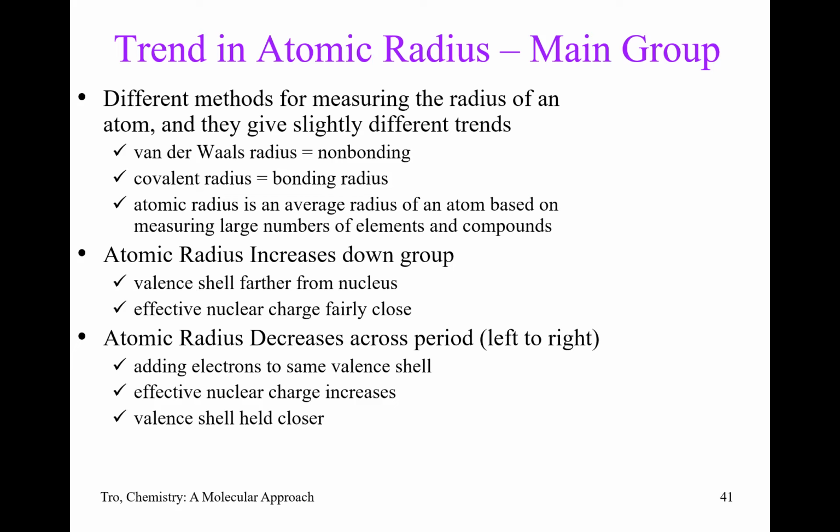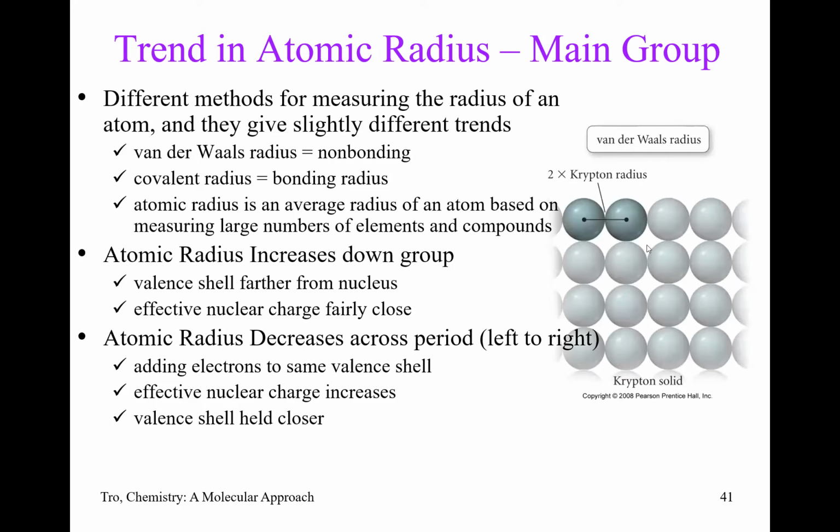Each element is another proton. So you have a larger and larger positive charge at the nucleus, but the electrons are the same distance away. And so you get a decrease, but the typical term is called a contraction. So that is a decrease in the behavior, which is atomic radius here.